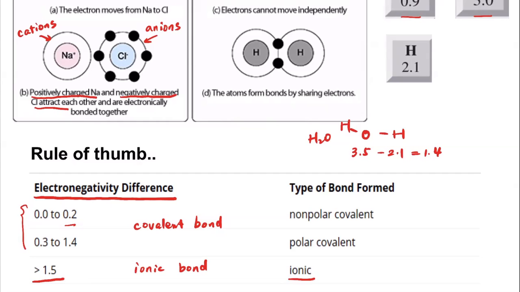But we're going to say that it is not nonpolar. So this bond is a polar covalent bond. What that means is the oxygen tends to grab the electron from the hydrogen, but it's not completely transferred from the hydrogen to the oxygen.